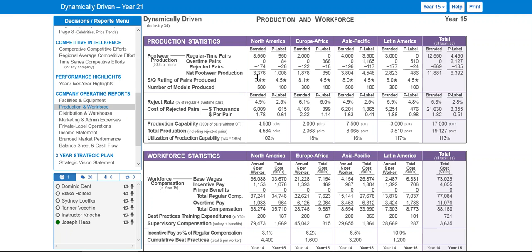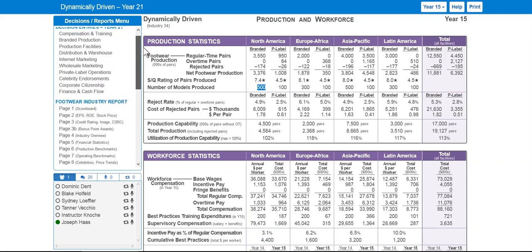So North America, how many we sold at what SQ rating, and how many models we produced. So we went from 500 in Europe, and in Latin America it was 300, and branded was 500. How it basically works is that the more models you produce, the greater demand you have.